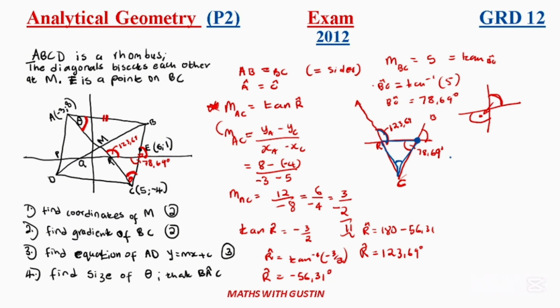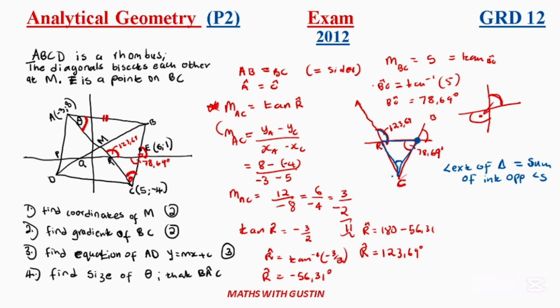Therefore you would remember from Euclidean geometry, what do we say? Exterior angle of a triangle is equal to the sum of the internal opposite angles.